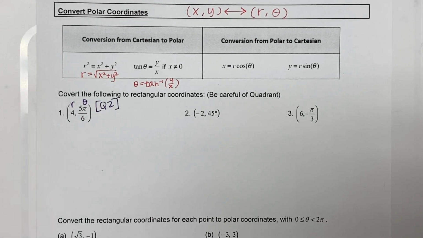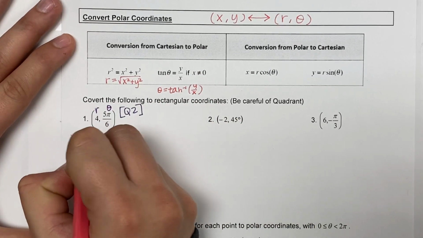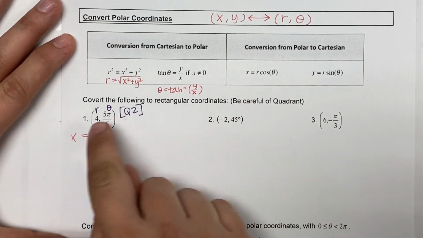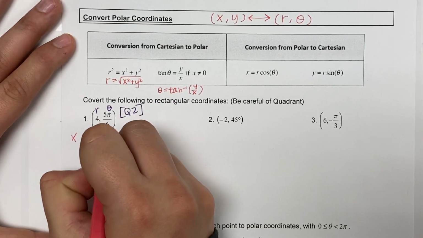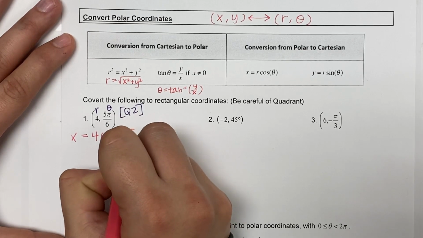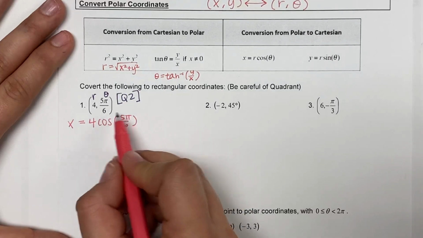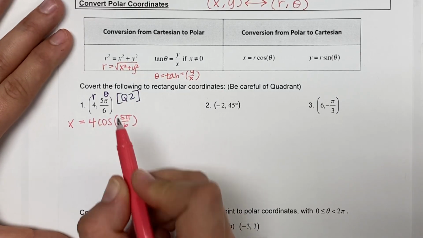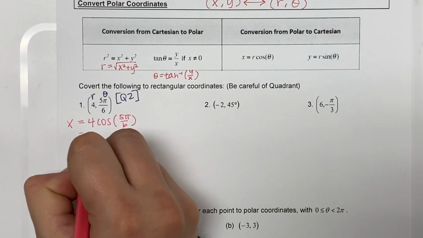So first let's get x. So x, we're gonna do r cosine theta. R is 4. Cosine theta is 5 pi over 6. All right, we gotta know our unit circle for this because I need to know what is the cosine of 5 pi over 6. What is the x value at 5 pi over 6?